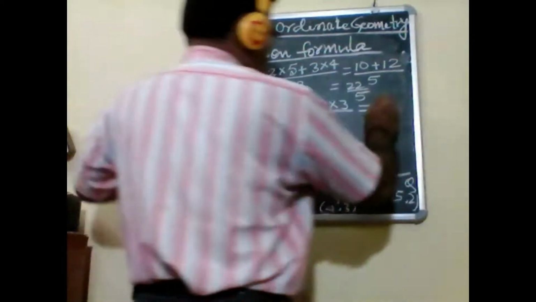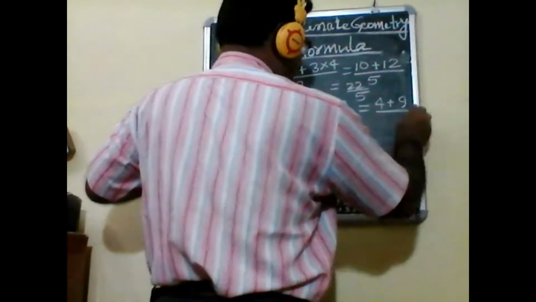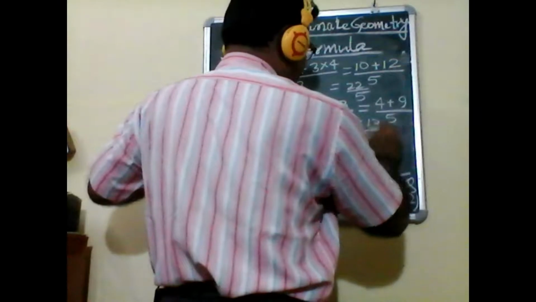So this is 4 plus 9 divided by 5, 13 by 5.